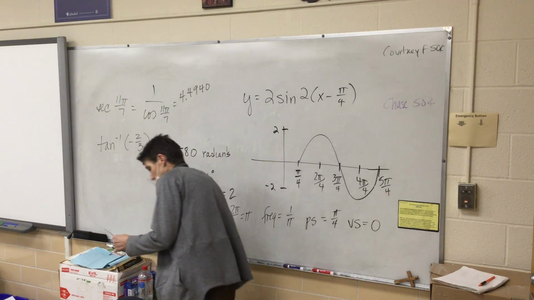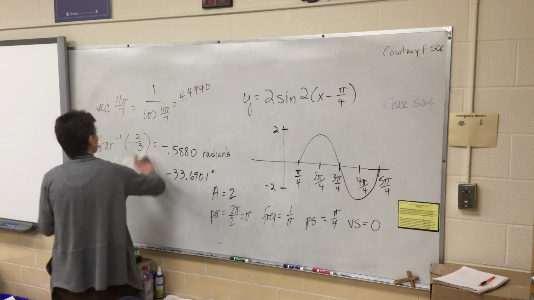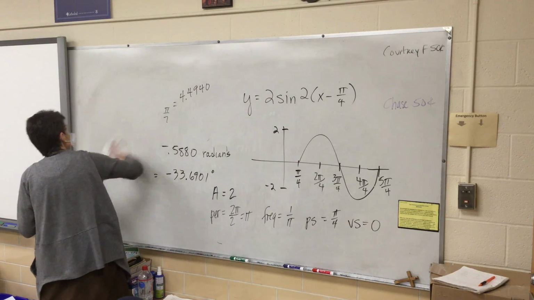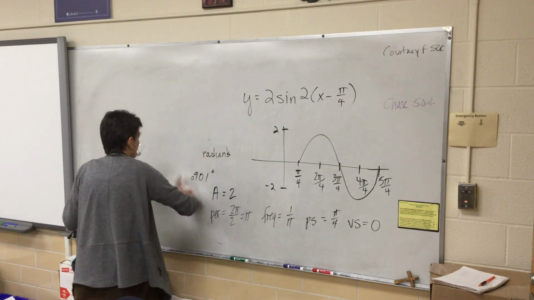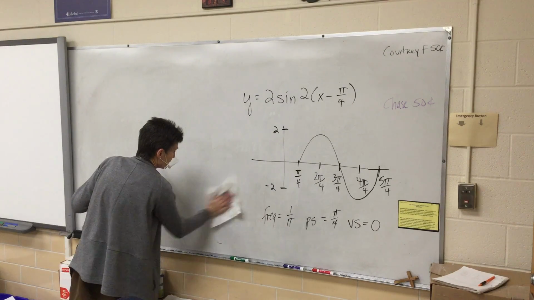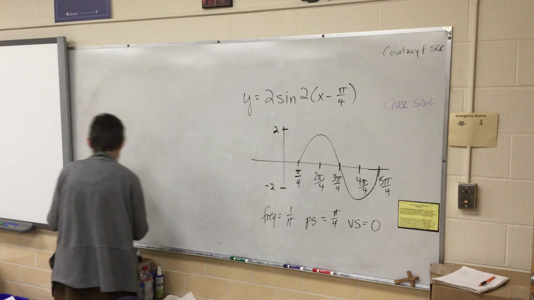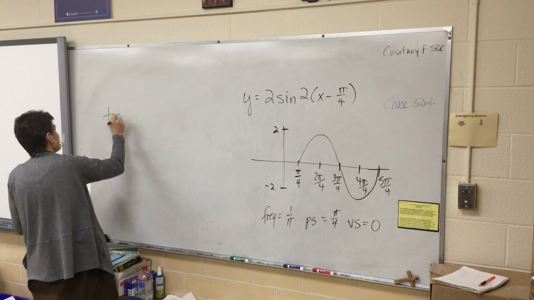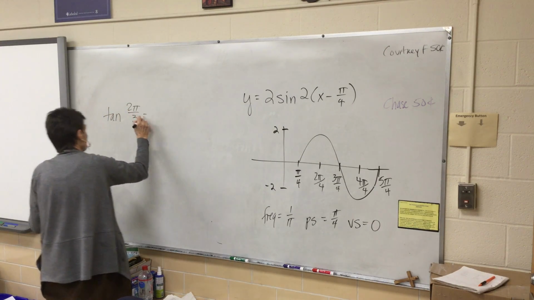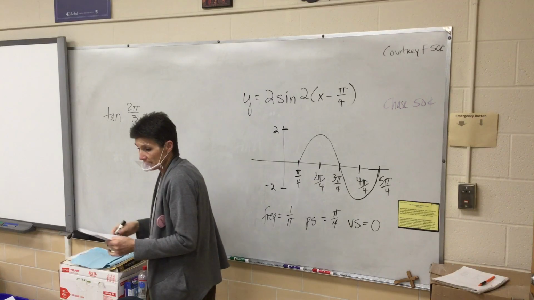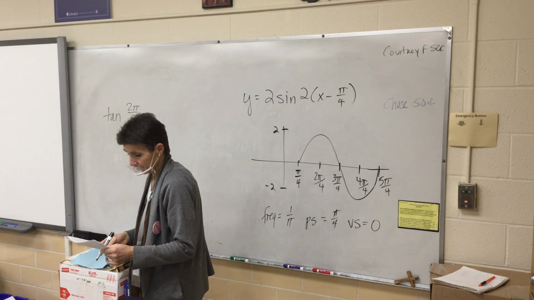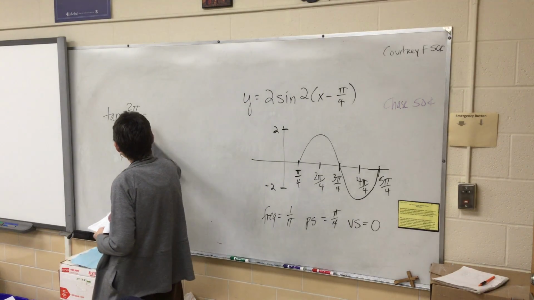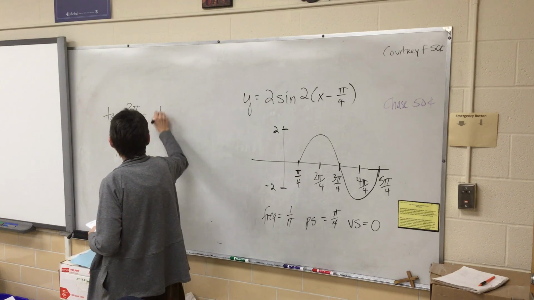Okay, now we're going to find, no calculator now, the exact value of the tangent of 2 pi over 3. So what are you thinking when you are looking at a problem that says, find the tangent of 2 pi over 3? What's popping into your head? You're thinking 120?